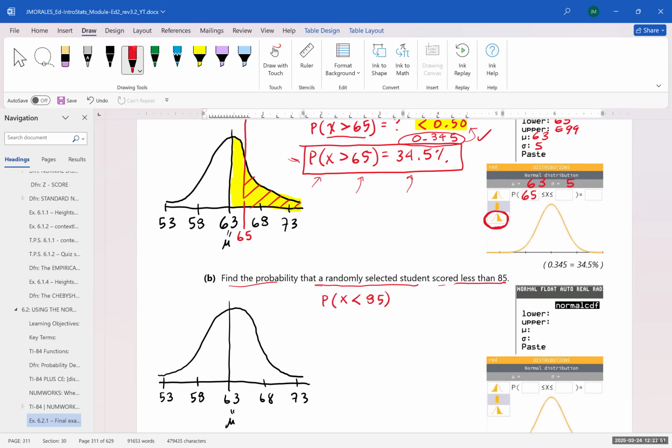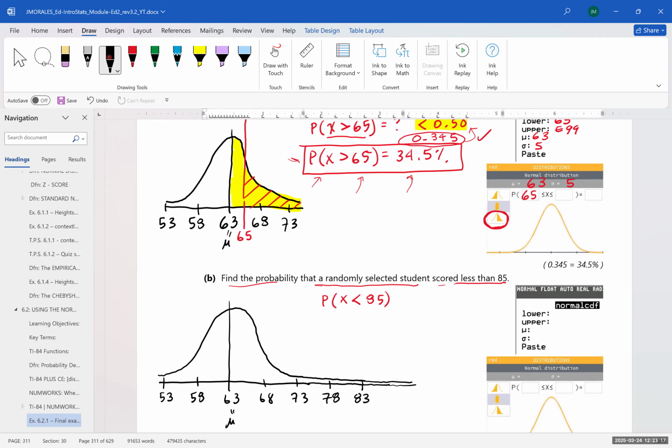All right, so 85, actually, I need to keep building this out. So if we go one more standard deviation up, we're going to add 5. That should be 78. Oh boy. Add 5 again. It's going to be 83.